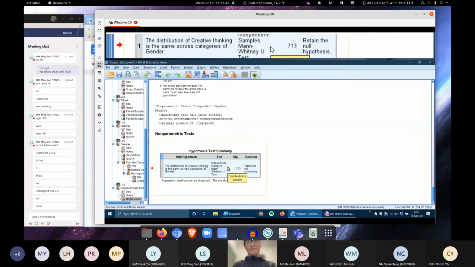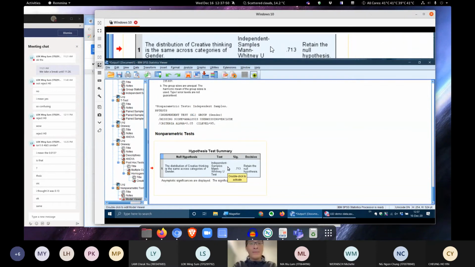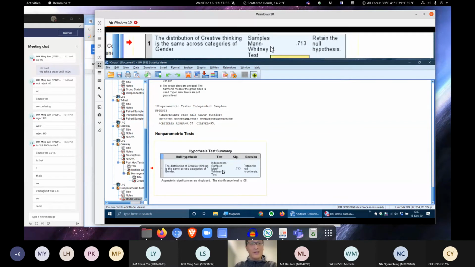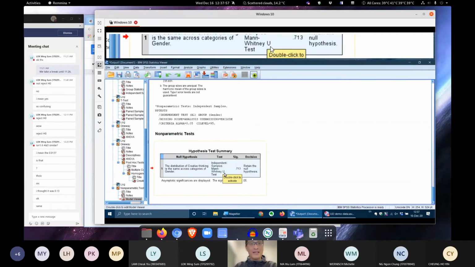From here, you already know that this feature is more advanced because it tells you the null hypothesis. And then in the next column, it gives you a very horrible name. This is called the Mann-Whitney U test. This is the test that SPSS picks for you in your comparison.